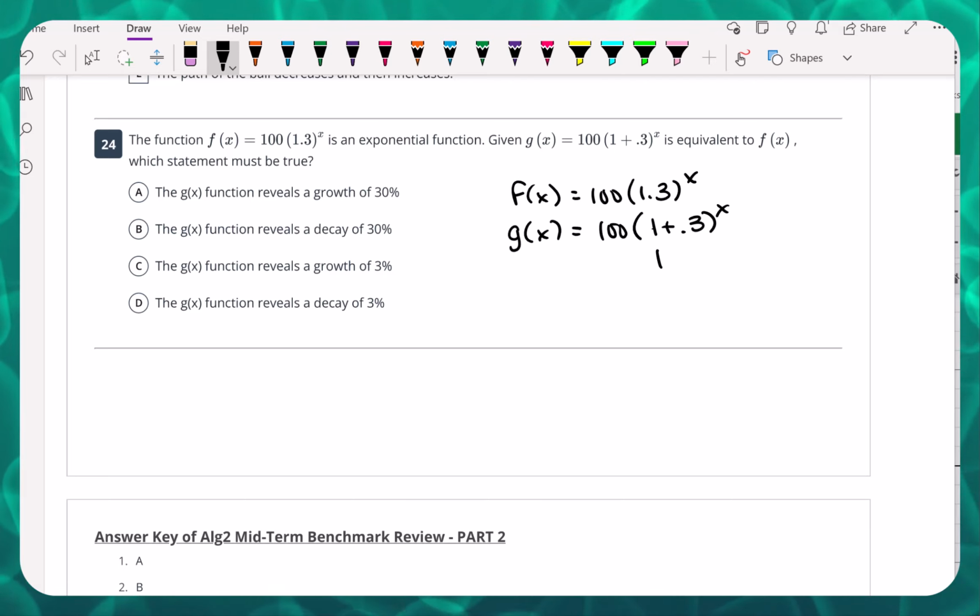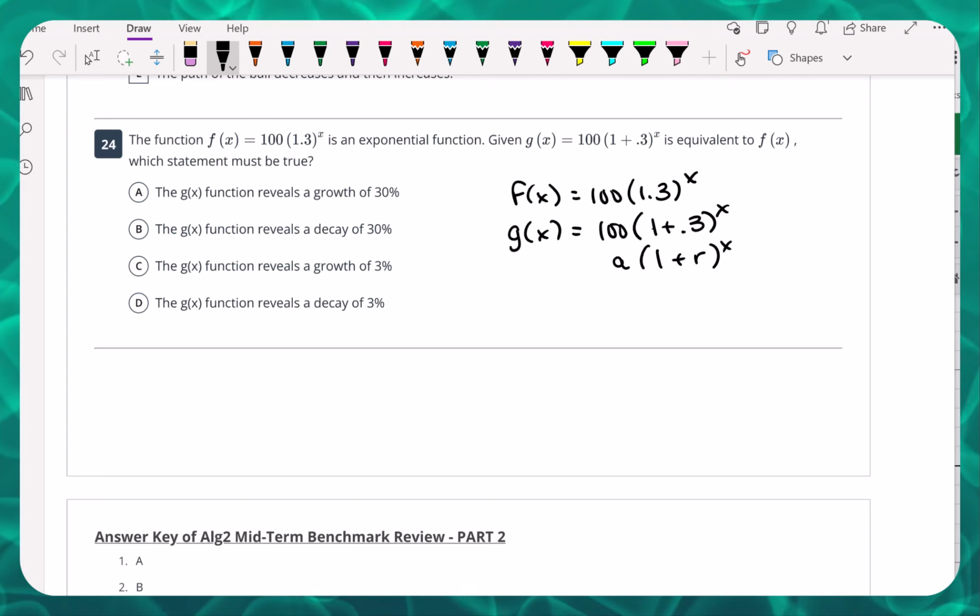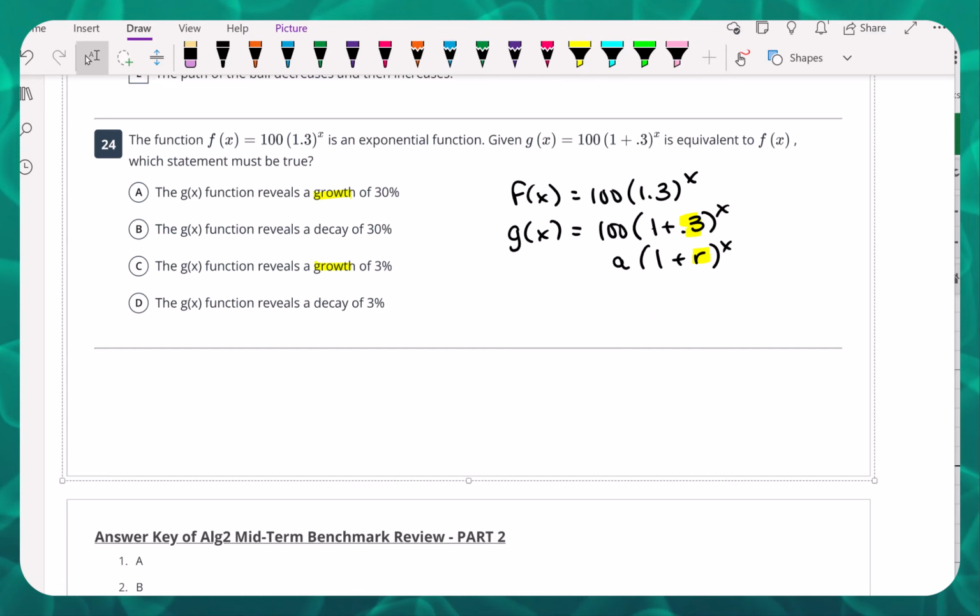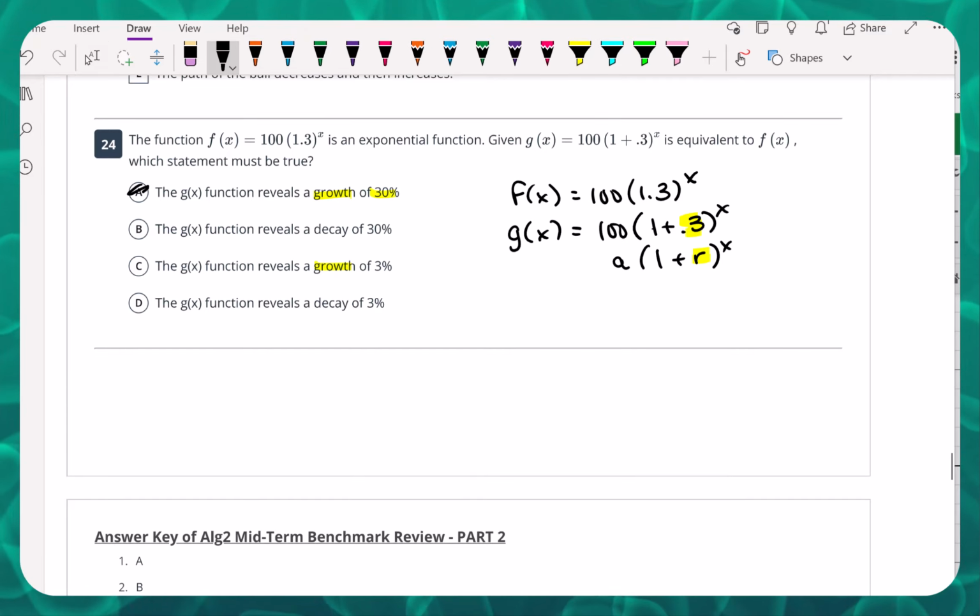So you have a times 1 plus your growth rate. That is on your formula sheet, so hopefully it will help you remember that. So it looks like it is growing by 0.3, and you have to change the 0.3 into a percent. So it is definitely going to grow, not going to decay. Remember, decay is 1 minus the rate. So if it grows, it's going to grow by 30%, and that is the answer.